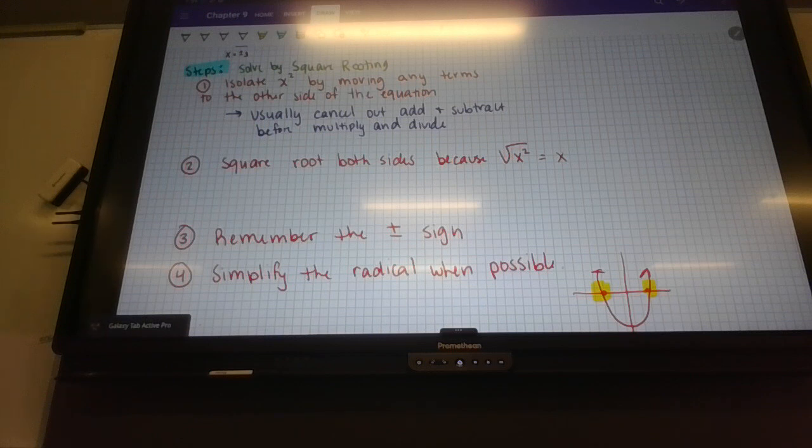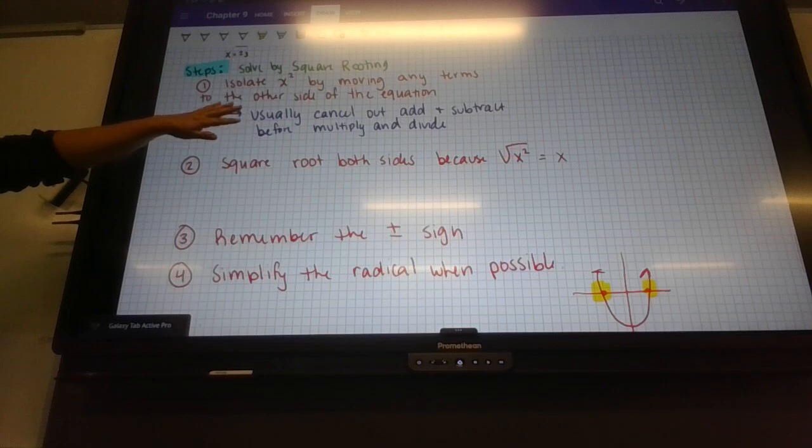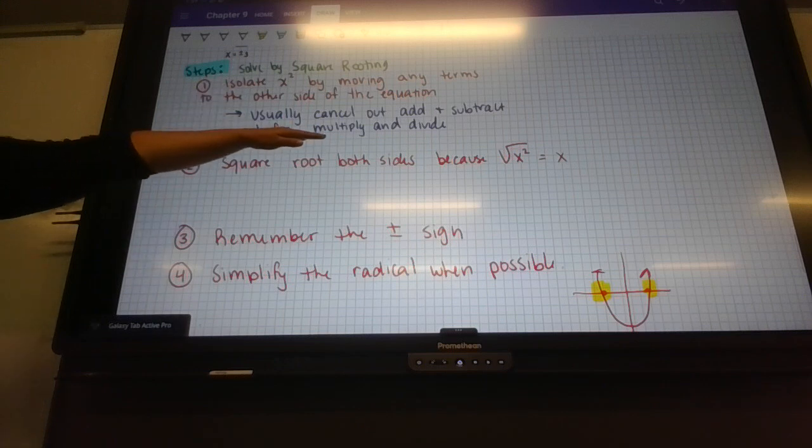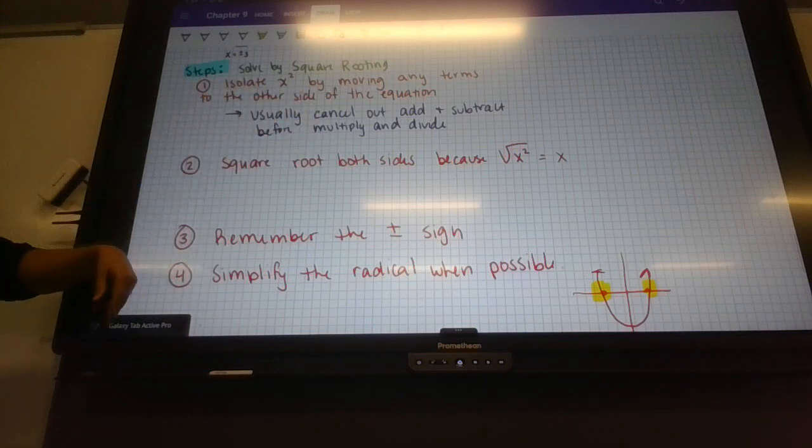Your most basic equations will already be isolated, like the one we just saw. You usually are going to have to cancel out and add and subtract before you multiply and divide. That's a tip for you.